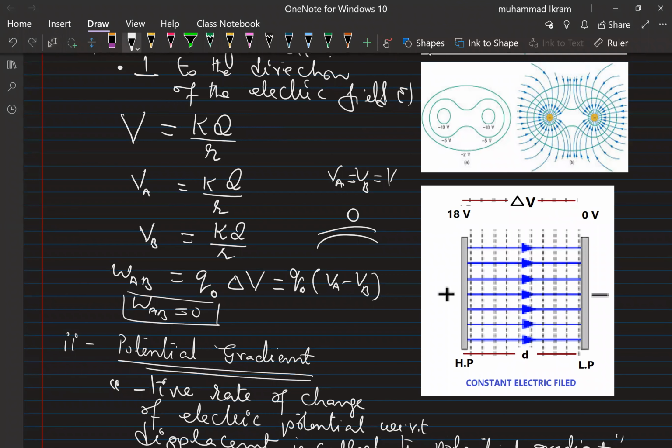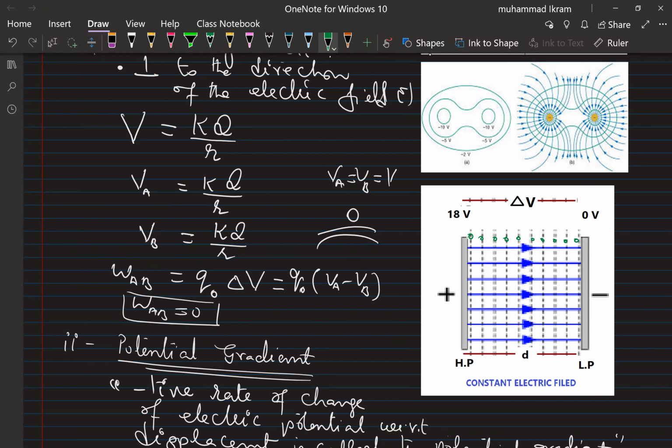Here, for the constant electric field, these lines are called the equipotential surfaces, where the electric potential is the same along the line.